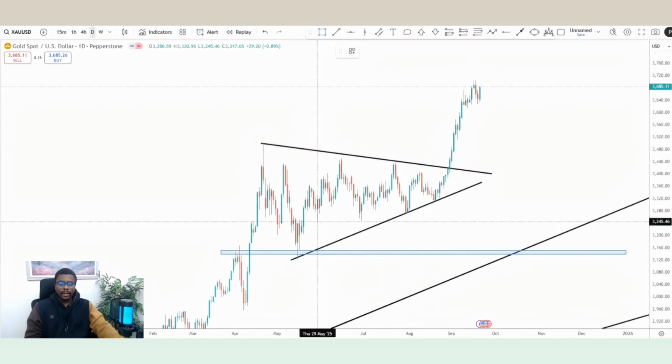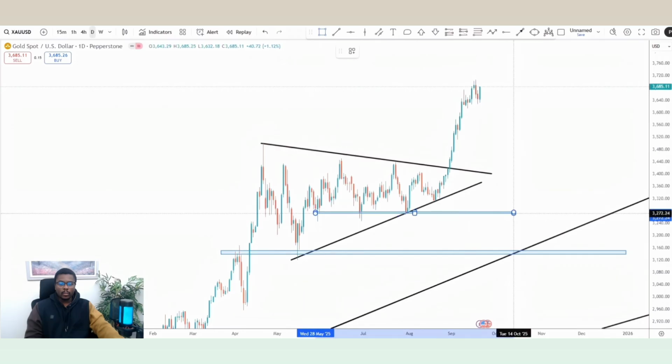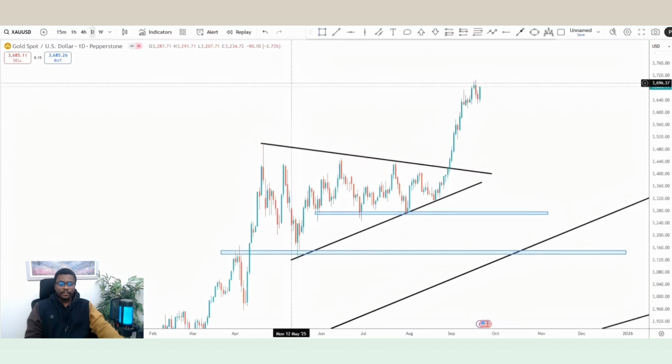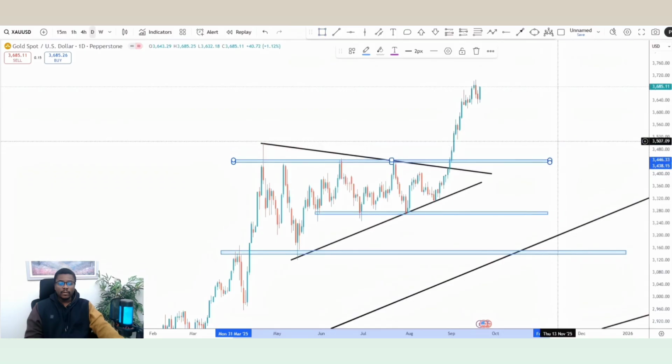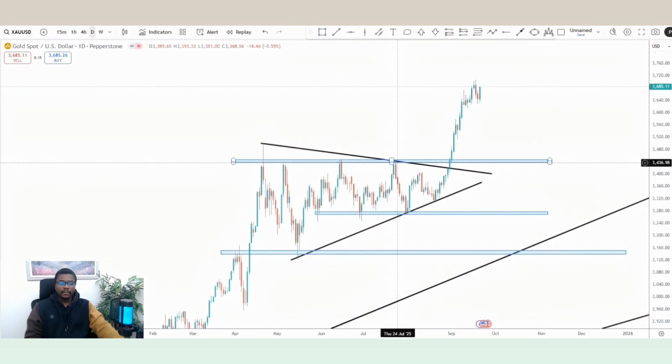There are some minor areas down here as well, which previously was support, price reacting to that area a few times. And then we can see price breaking this area of resistance here as well, where price reacted to that area about 3 times before breaking through that area and continuing its uptrend. So on this higher time frame we have been able to identify these key areas.